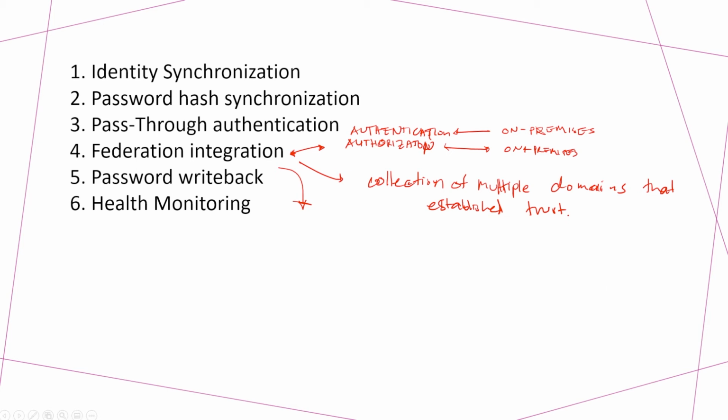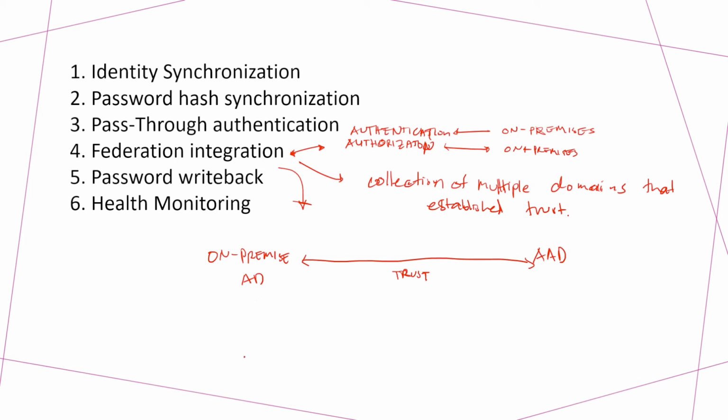Right? So let's say you have your on-premise AD here, and you have your Azure AD. There's no password synchronization or whatsoever. There's no pass-through authentication happening here. What they have here is a trust for authentication and authorization.